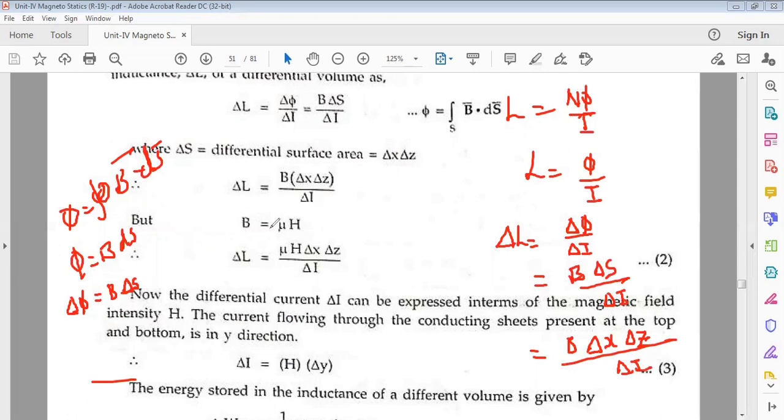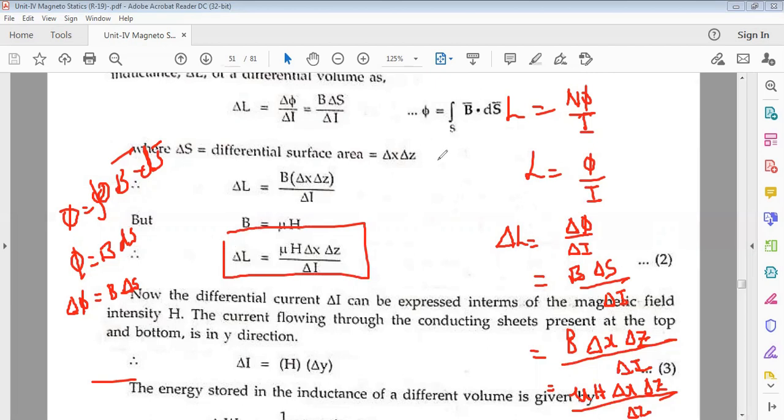B is equal to mu into H. So change this B in terms of H: mu H into delta X delta Z, the whole divided by delta I. Got it, my students? Now we got this function: delta L is equal to mu H delta X into delta Z, divided by delta I.